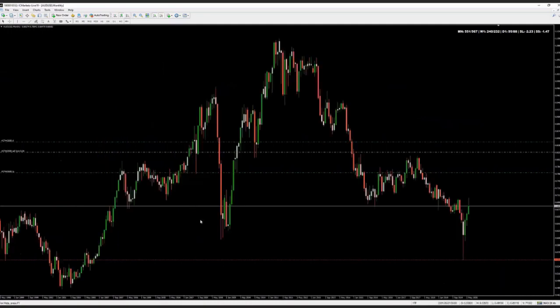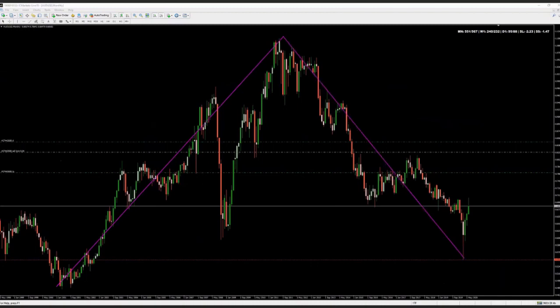You can see here that we have a very strong move from this low to this high, and then back down to this low. This is the origin. Let's see if I can draw. So we had a move up to here, and we had a move back down to here.